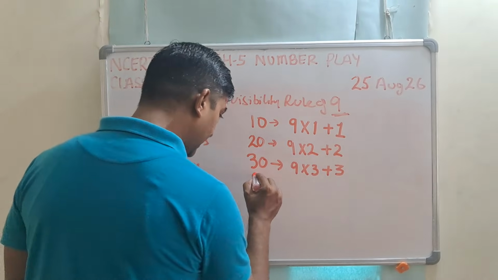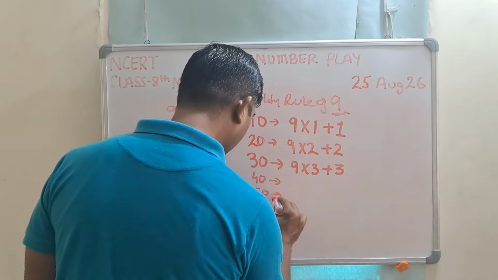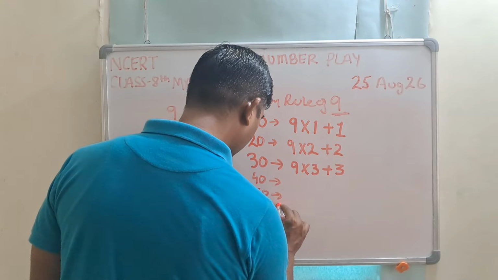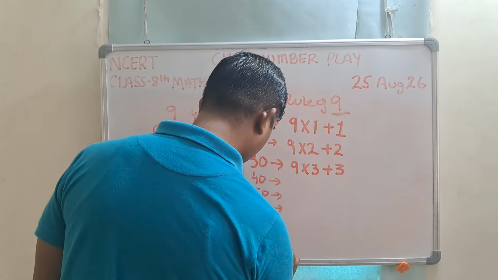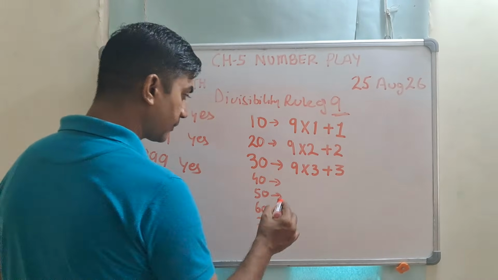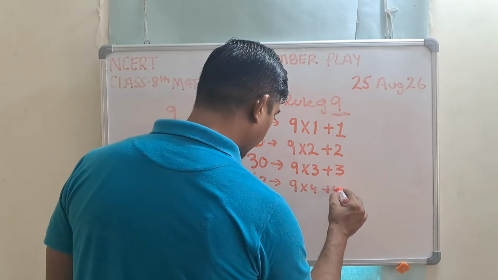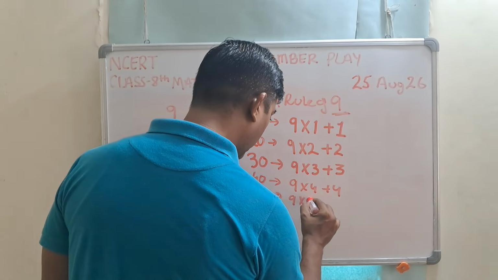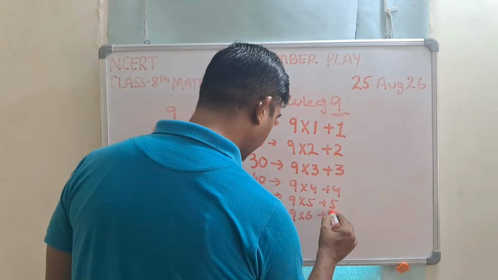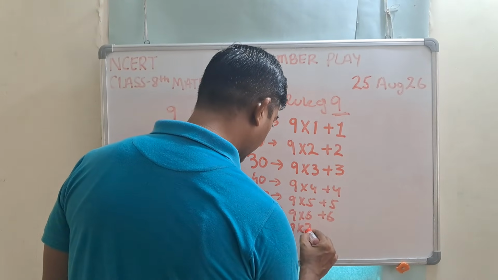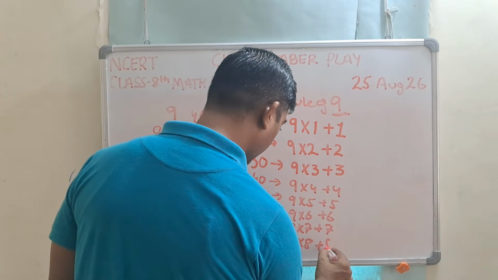Understood? Now we will see 40, 50, 60, 70, 80. What we observe is 9 into 4 plus 4, 9 into 5 plus 5, 9 into 6 plus 6, 9 into 7 plus 7, 9 into 8 plus 8.